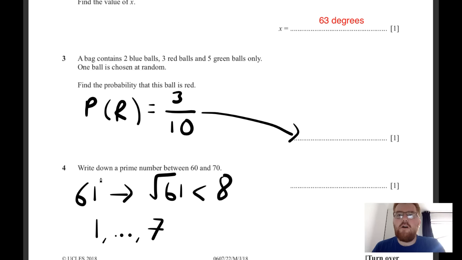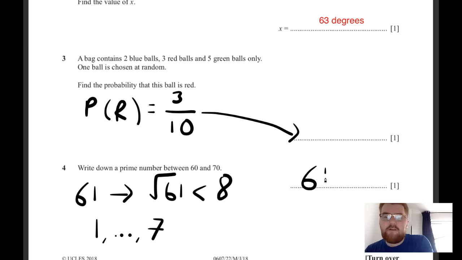And 6 doesn't work because 2 and 3 both don't work. 7, you can check your times tables. 8 times 7 is 56. 9 times 7 is 63, therefore 7 doesn't go in, therefore we found one prime number.